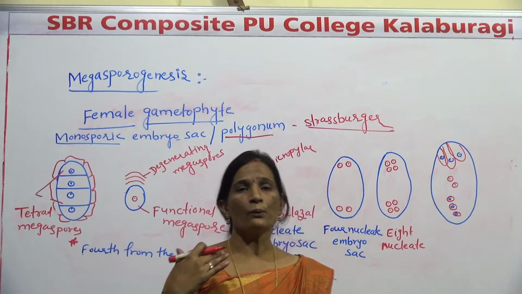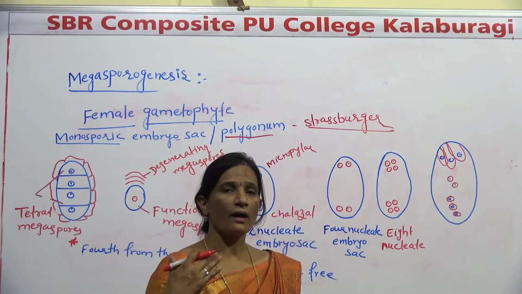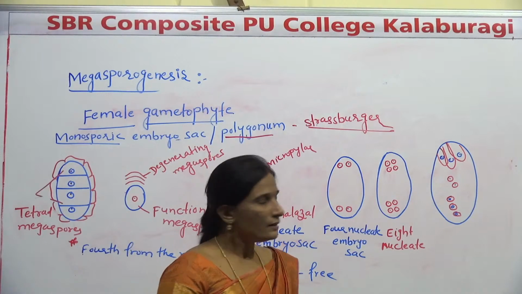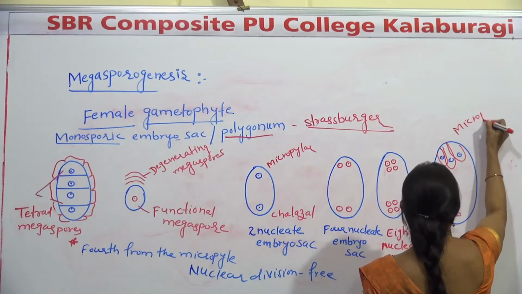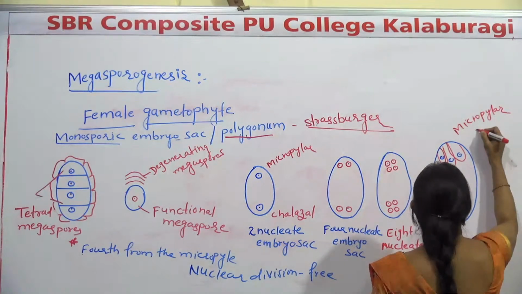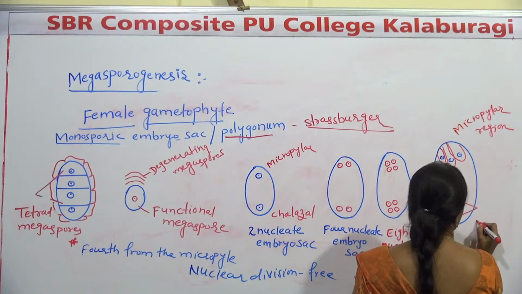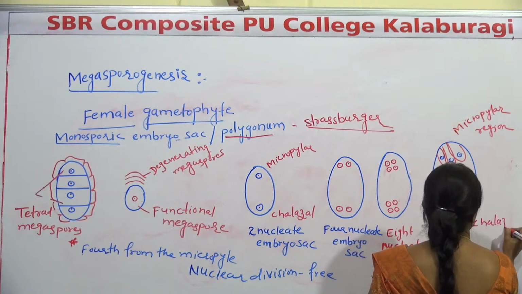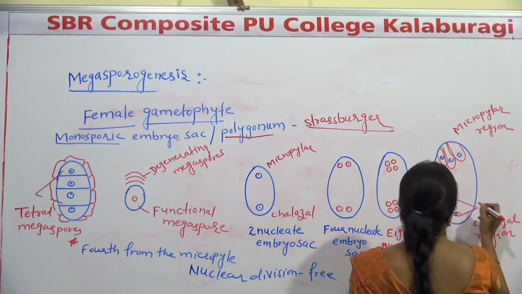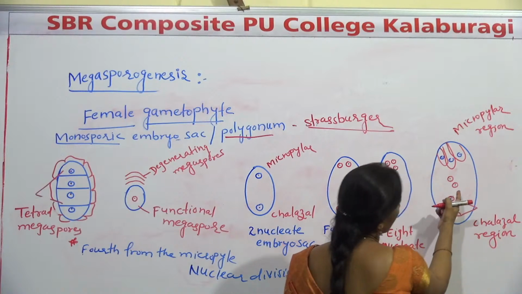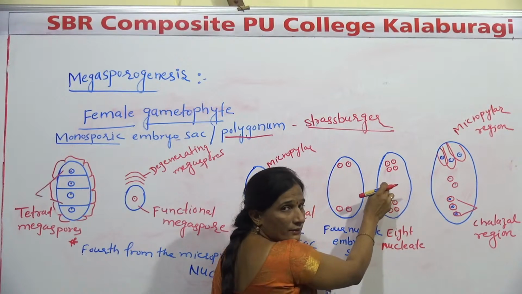Three cells are present near the micropylar region, and three cells are present near the chalazal region. And two polar nuclei, one from the micropylar region and another from the chalazal region.